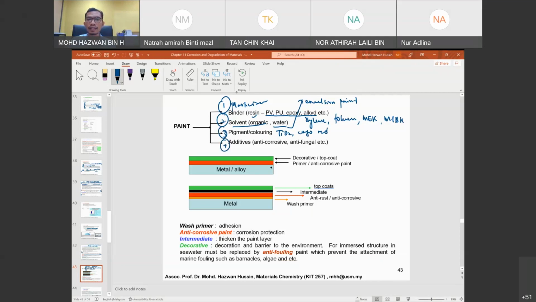Additives that give anti-corrosive properties, like for example chromates, antifungal, maybe they put antioxidant, anti-mosquito or whatsoever. So don't be surprised that paint these days also has anti-mosquito properties. So how do they actually make anti-mosquito paint?